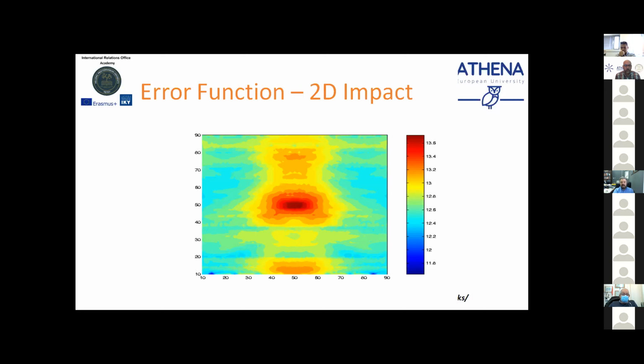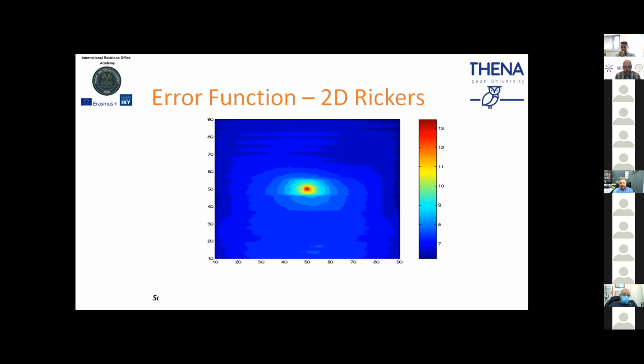And this depends on the wave you are sending. If I remember well, the Ricker pulse, well known to people doing geophysics, is the most suitable to identify this defect.